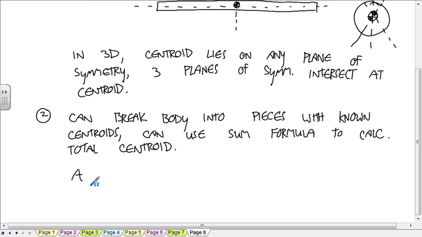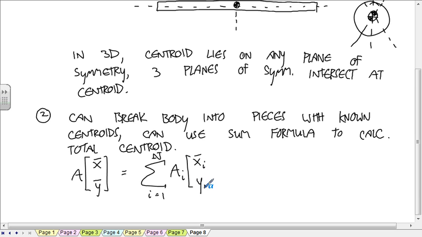The total area times the centroid is equal to the sum over all the different pieces of the area of the individual piece times the centroid of the individual piece. And so notice that this is exactly the same form as the integral definition.